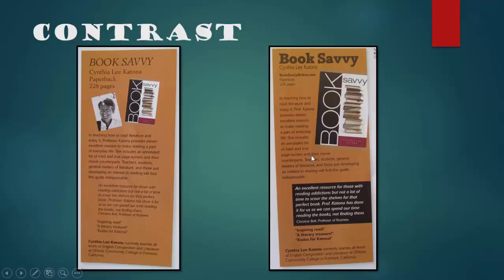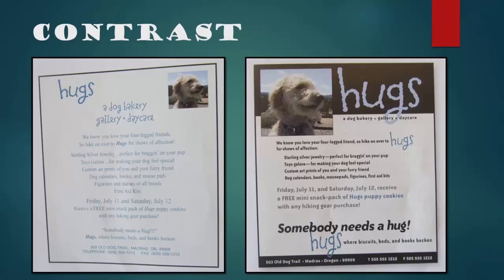So this is the second to last example I wanted to bring to your attention, and the last one is this one right here for the dog bakery. And you'll see that again, just like in the Another Newsletter example we looked at at the beginning, the name of this thing is called Hugs, right?